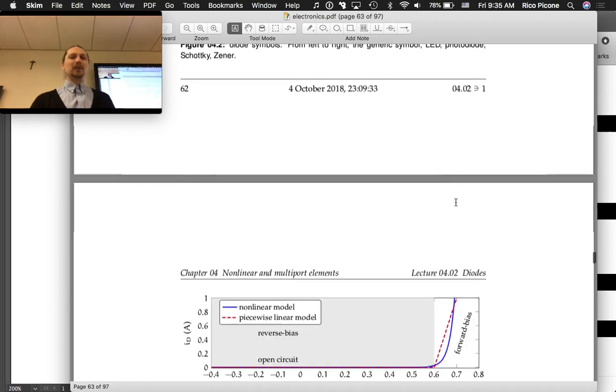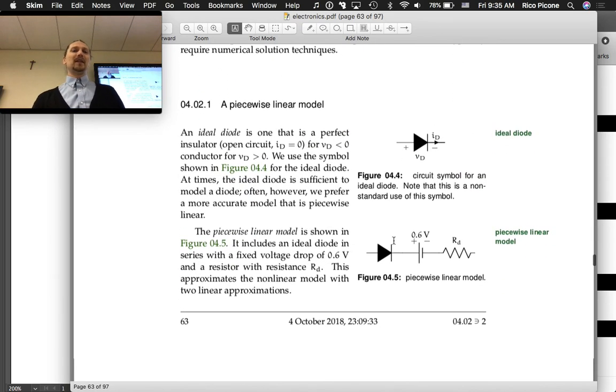Then we go to a further approximation, which is a piecewise linear model. The piecewise linear model is an ideal diode, which is on if there's positive voltage across it, and it's a perfect conductor. And if there's negative voltage across it, it's off, and it's a perfect insulator. So it has an ideal diode and a voltage drop, and then a resistance.